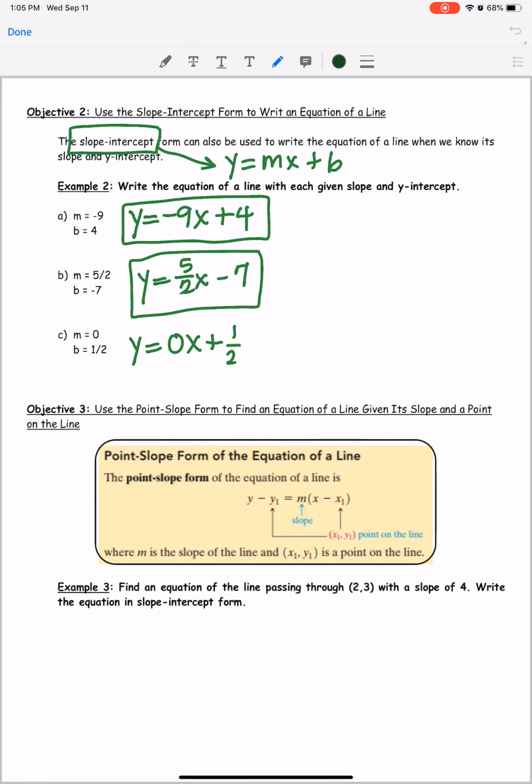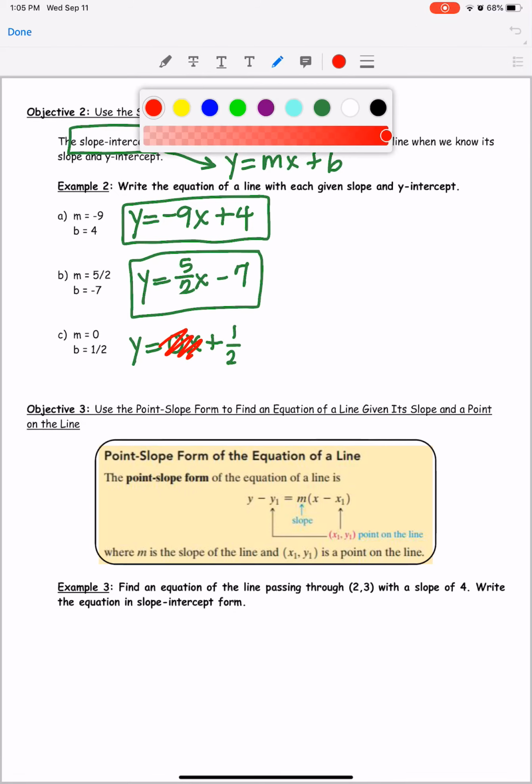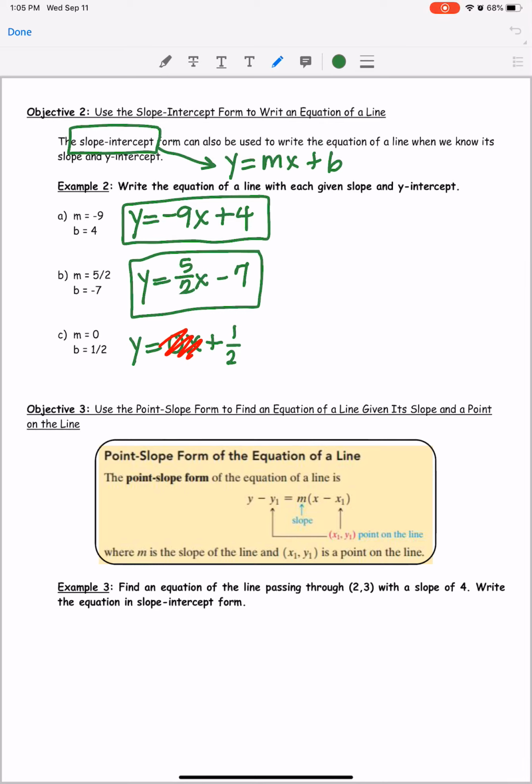Because 0 times anything is 0, that just sort of all goes away. So my final answer on this one is y equals 1/2. Okay, and that's really the only time you can ever simplify: when your slope is 0.